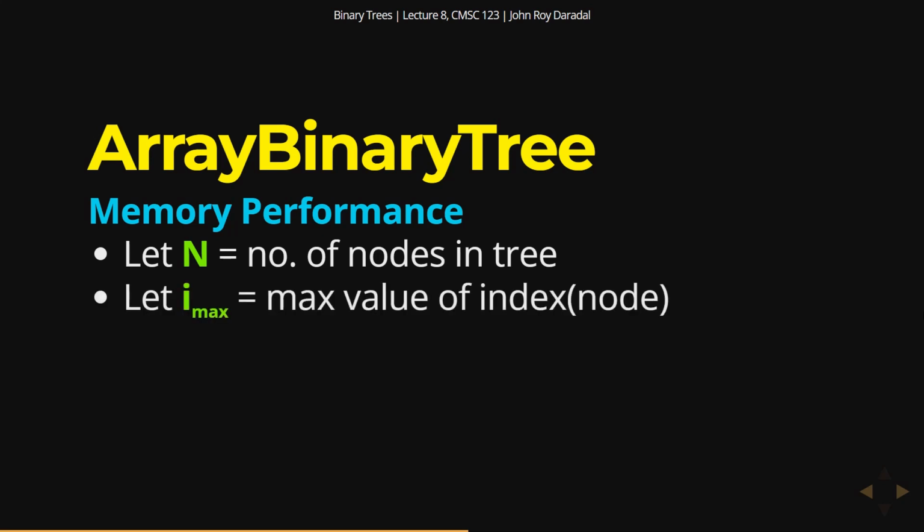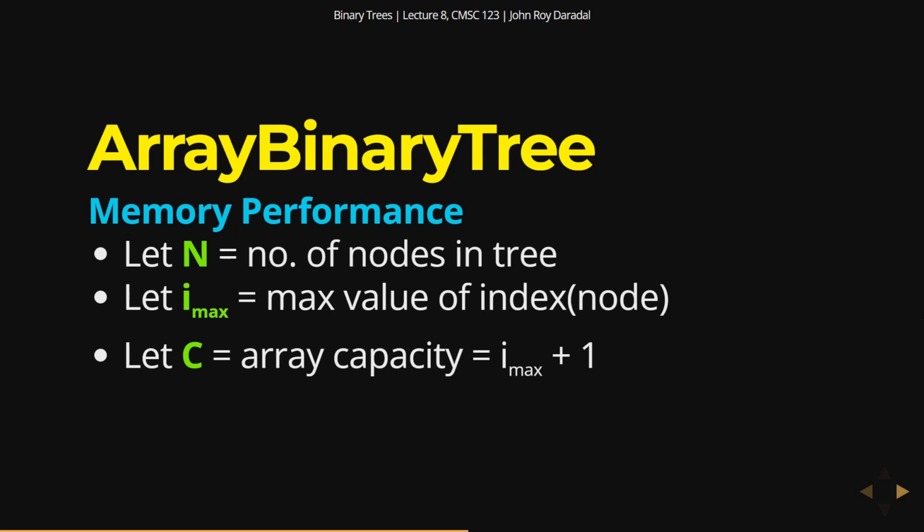And then let I max, the maximum index, be the maximum value of the index of the node. So what is the largest possible index of any node or any position? And then let variable C be the array capacity. So how large or how big should the array capacity be?